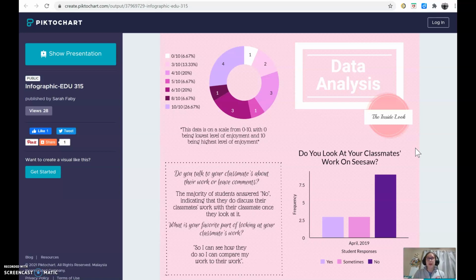So in doing this, you could have the students take small surveys, and then they can take the data that they get and put it into their choice of a data visualization, whether that's the line graph, the scatter graph, the bar graph, any of the ways that they see would best fit the data.